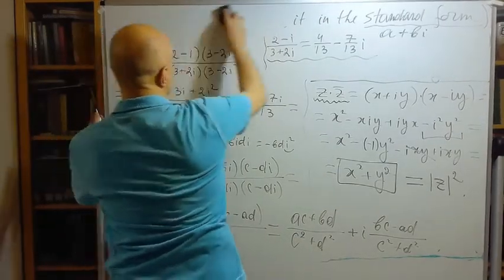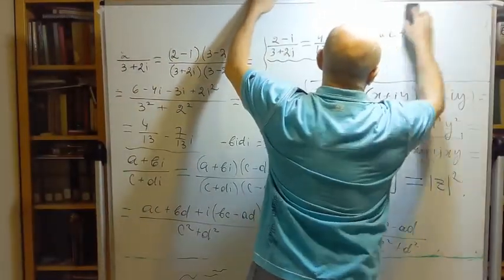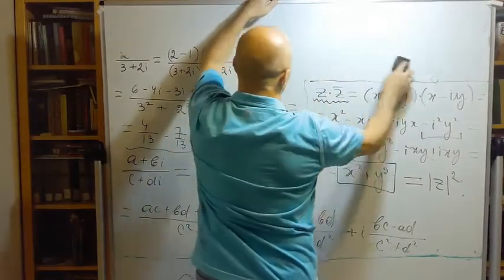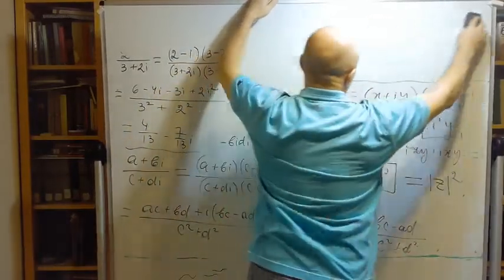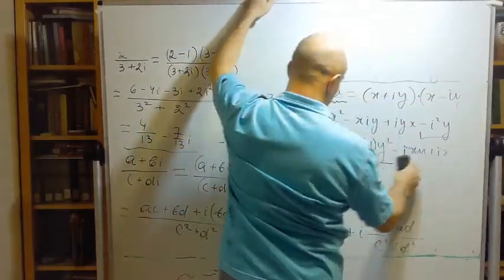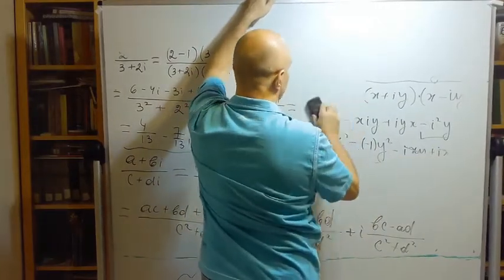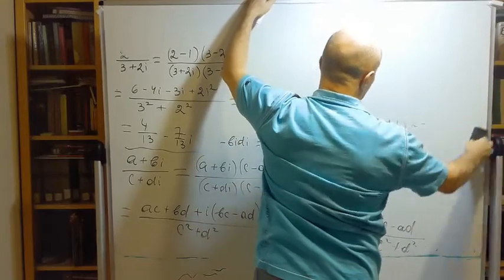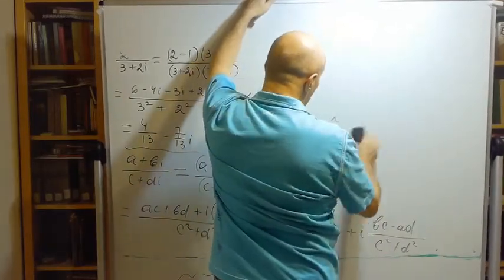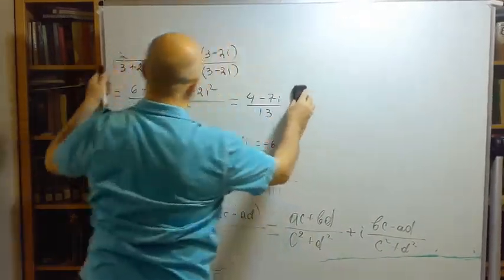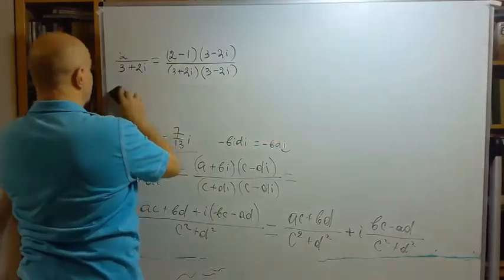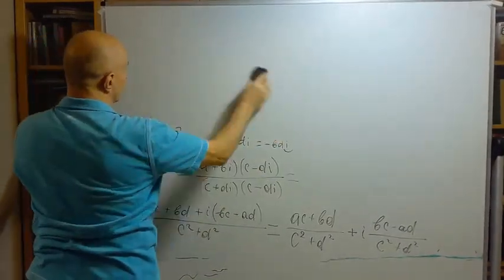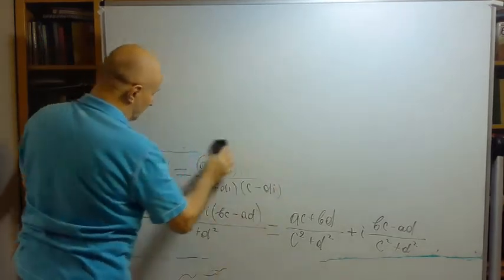Some properties of conjugates and moduli of complex numbers. These properties are pretty evident, and I would advise you to prove all of them, or at least some of them, as an exercise. Maybe you will have to prove them as part of your exam.